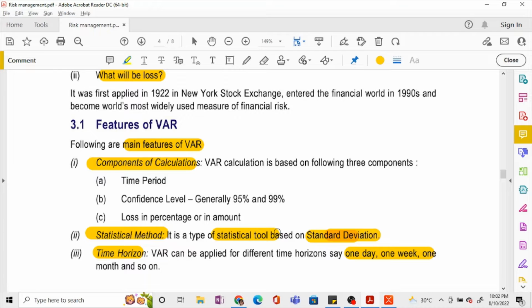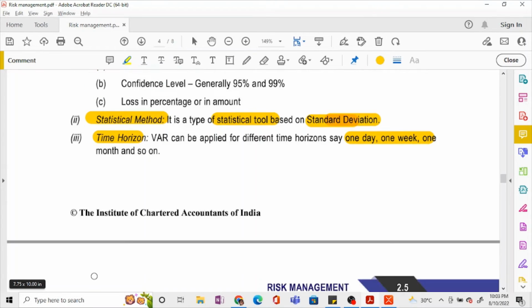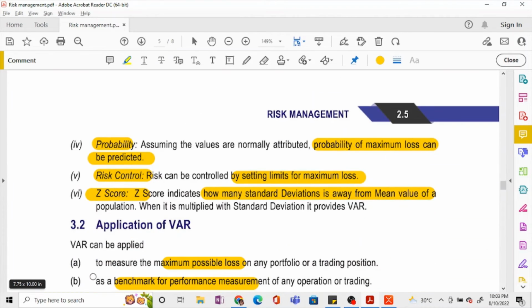The components are the time period, the confidence level, and the loss in percentage or amount. These three components are there in value at risk, and they use statistical methods. Standard deviation is used, and with a time period of 1 day, 1 week or 1 month, the loss can be calculated. They also use probability: what is the possibility of the loss occurring?